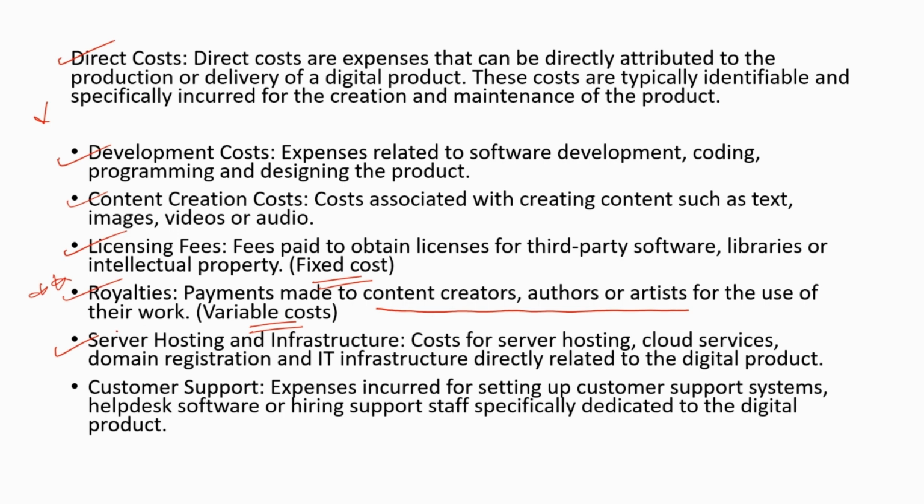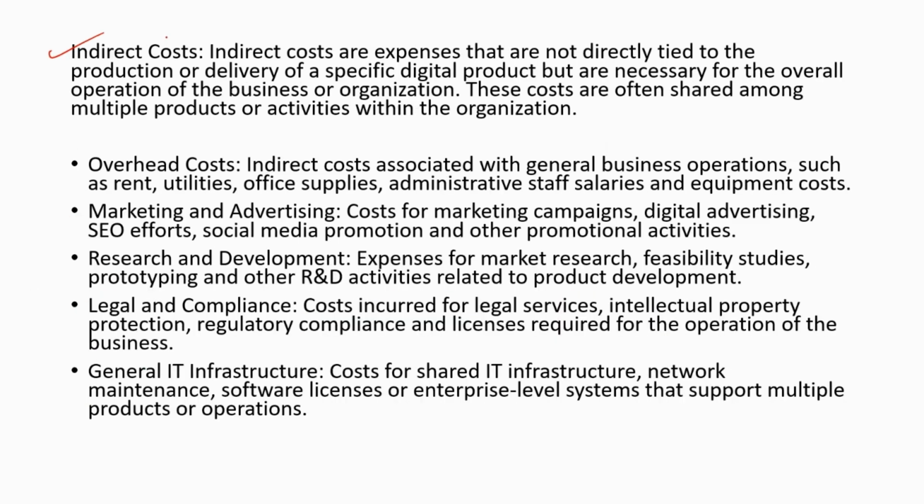These are the costs for server hosting, cloud services, domain registration, and IT infrastructure directly related to the digital product. Customer support. These are the expenses incurred for setting up customer support systems, help desk software, or hiring support staff specifically dedicated to the digital product. Now let's discuss the indirect costs that are associated with digital products.